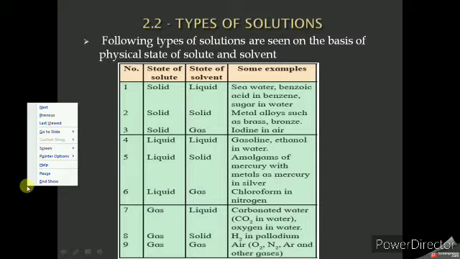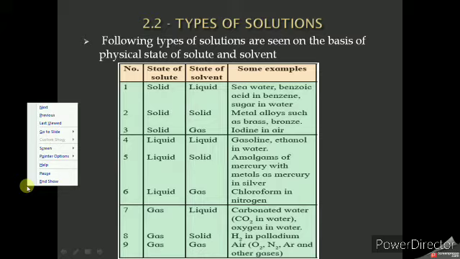So that air is in large quantity, so it is the third type. Then fourth type is when solute and solvent both are in liquid state. Example is gasoline. All are familiar with ethanol in water solution. When we add ethanol in water, we make a homogeneous mixture.